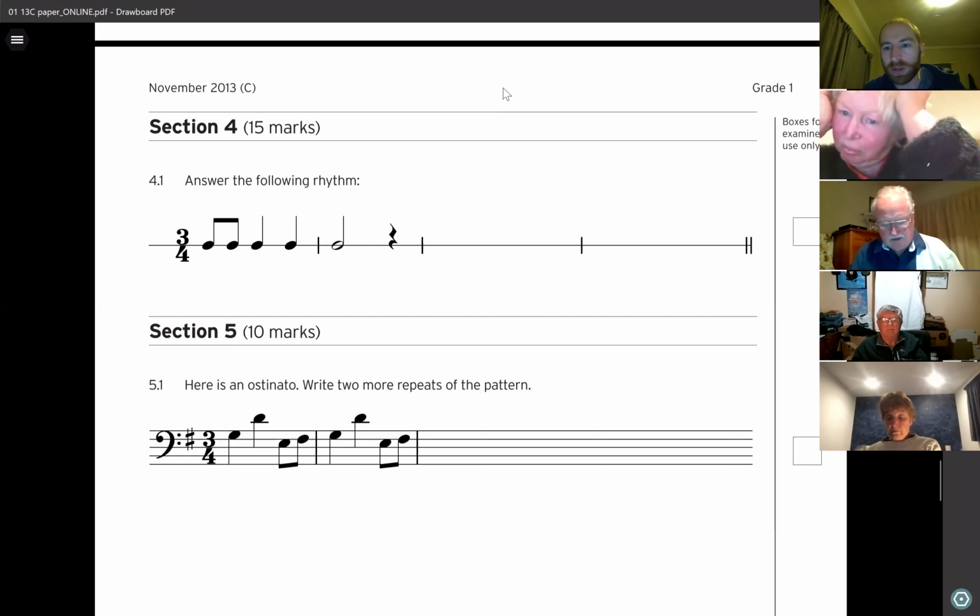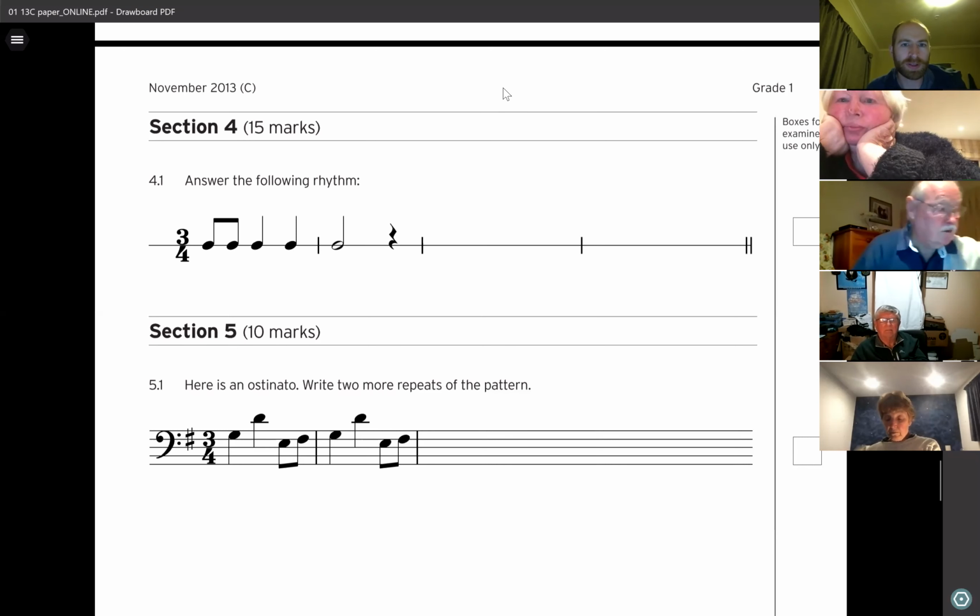But it's up to you, as long as you fit it into the correct number of beats in the bar. You can do whatever you like. Well, I would take the first bar, stick it in the 4th bar, and the second one into the 3rd bar.